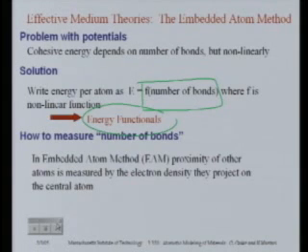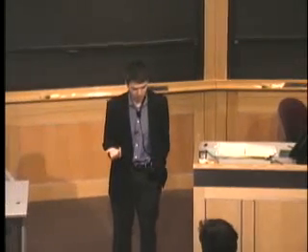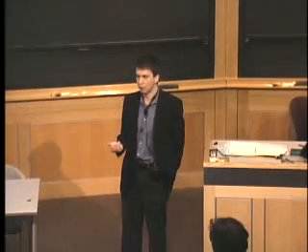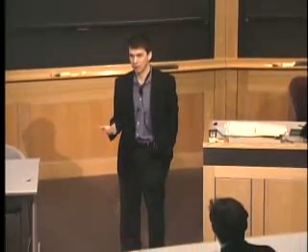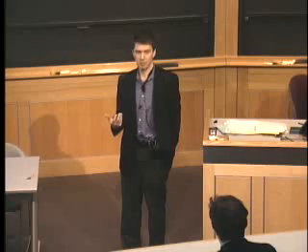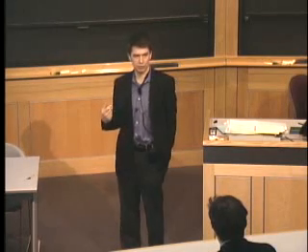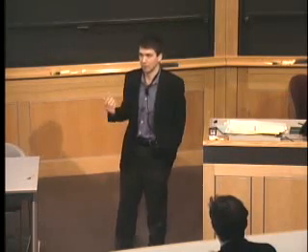The question is, how do you measure the number of bonds? If you think yourself back in the 80s, you don't really want to do it discretely. Because you could say, well, maybe I'm just going to count atoms within a 2-angstrom radius or some radius.